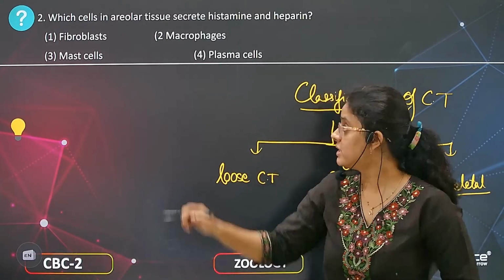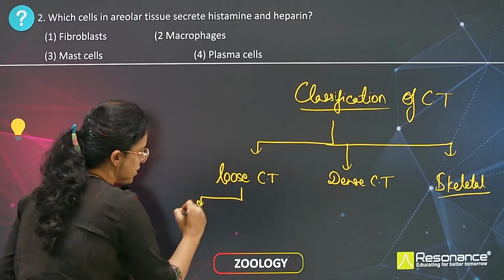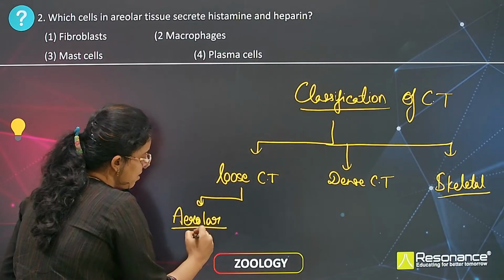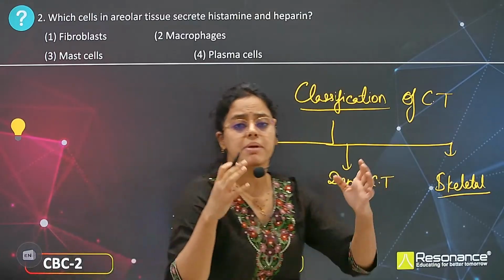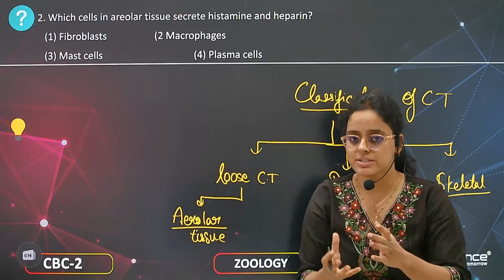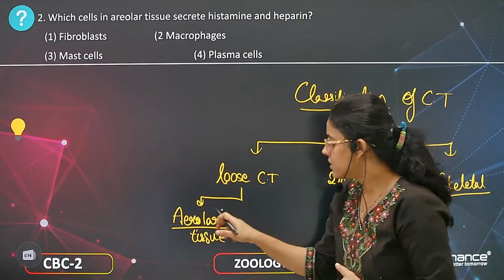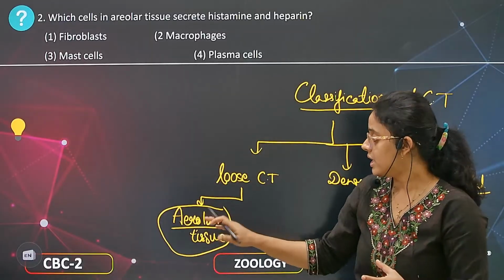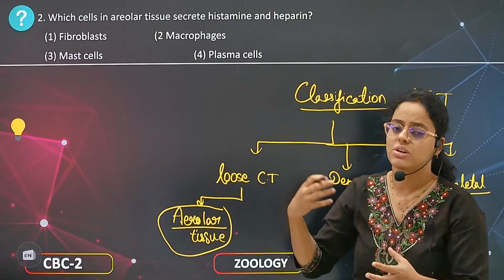So here the question is areolar tissue. Areolar tissue falls under loose connective tissue, which is for packing, basically packing. It is packing the organs, keeping the organs and internal cavity safe. It is present in most structures, like the stomach, liver lining or heart.